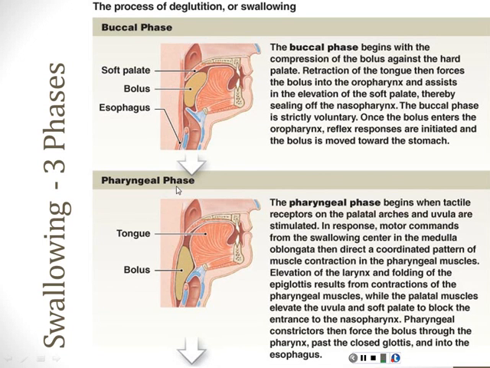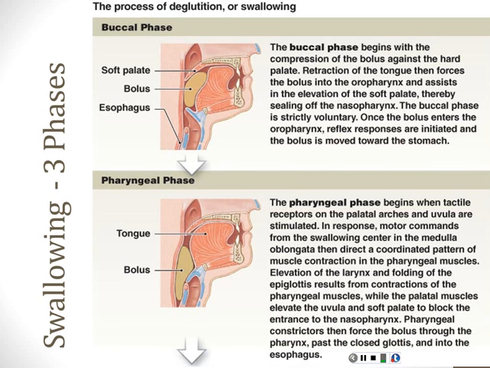So in the pharyngeal phase, the bolus is moved down the pharynx, and a couple of points to make. You can see that the soft palate has closed the nasal cavity at the top. And the bolus has pushed the epiglottis. See the epiglottis here? It's been folded over to form a kind of trap door over the larynx.